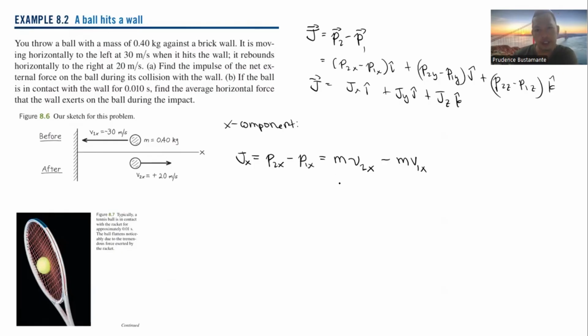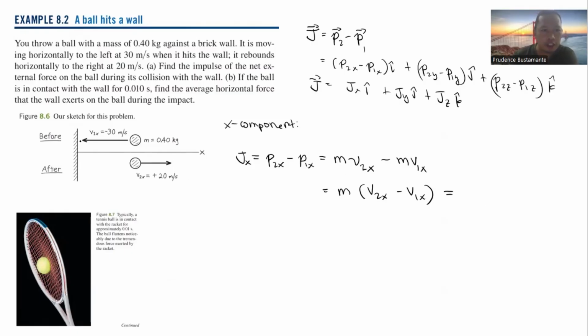If you want to find the impulse, you can factor out the m: m times v2x minus v1x.